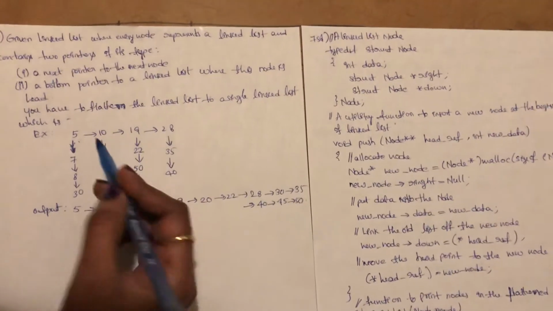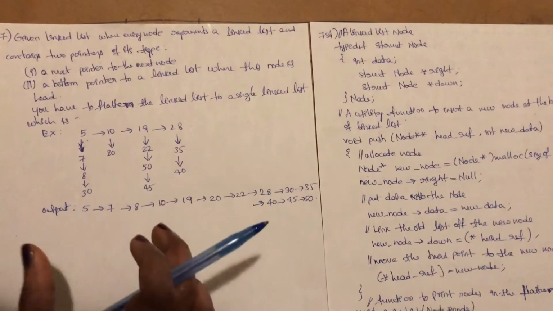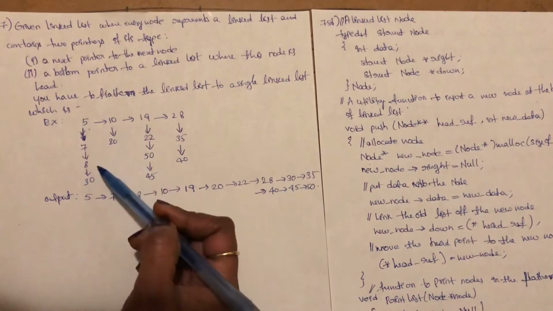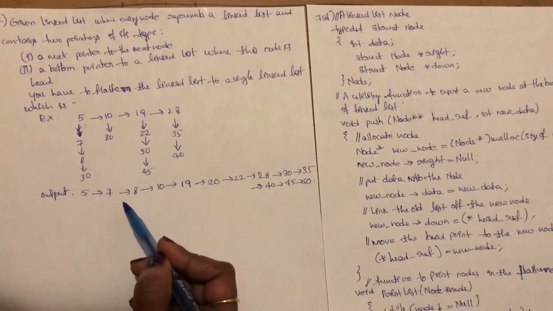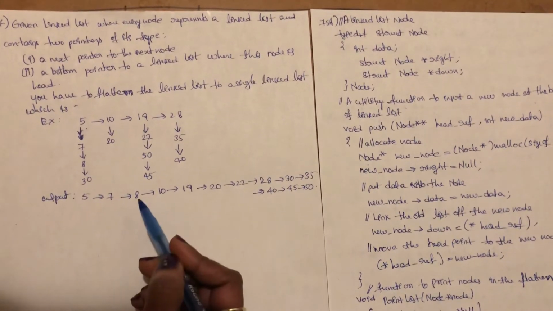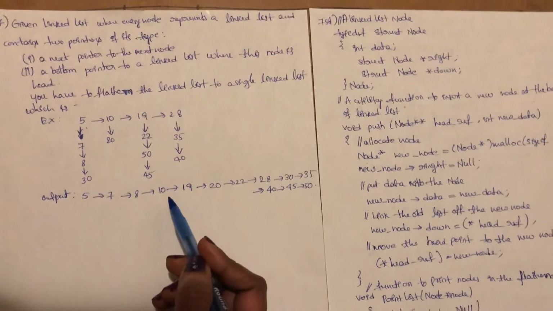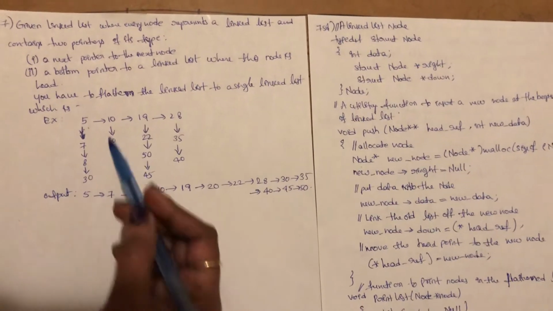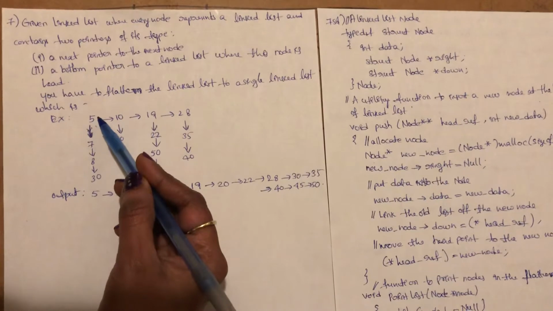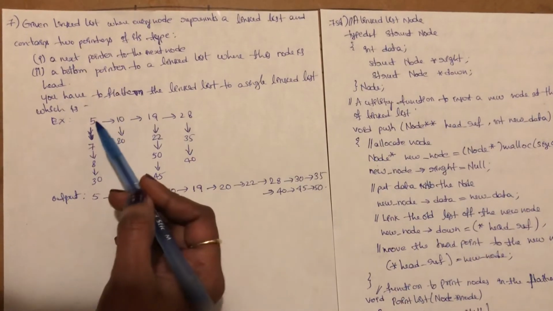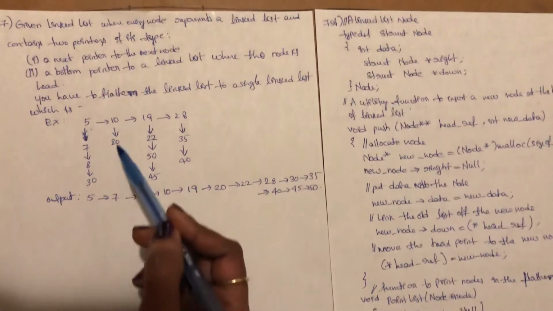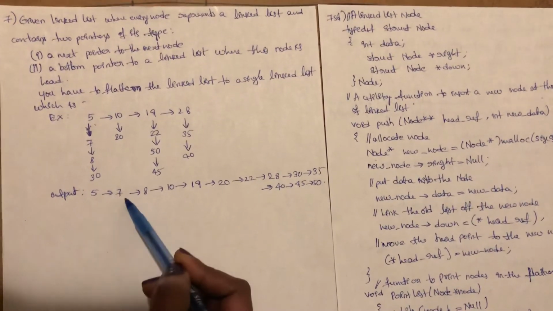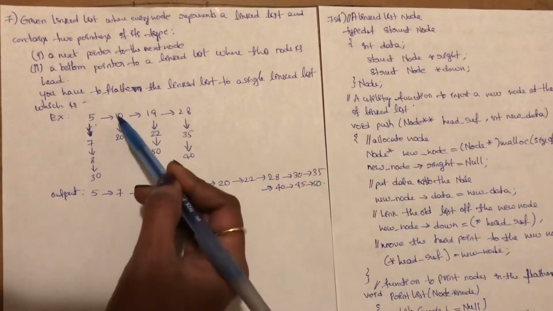And here the problem is we have to flatten the given linked list into sorted order. First of all, we have to print 5, and we compare with 7, the next one, so we print 7, then 8, then 10.